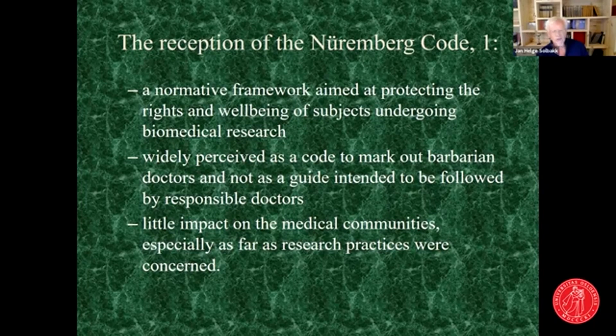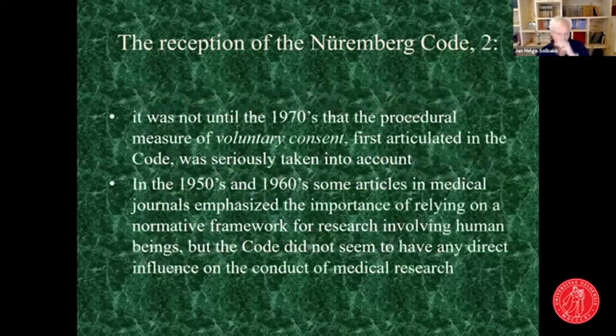It was widely perceived as a code to mark out barbarian doctors and not as a guide intended to be followed by responsible, so-called good doctors, and it had little impact on the medical communities, especially as far as research practices were concerned. The perception was that the code was addressed to medical criminals, not to good physicians.